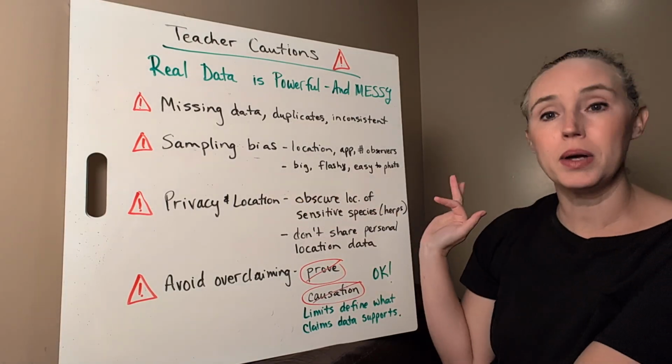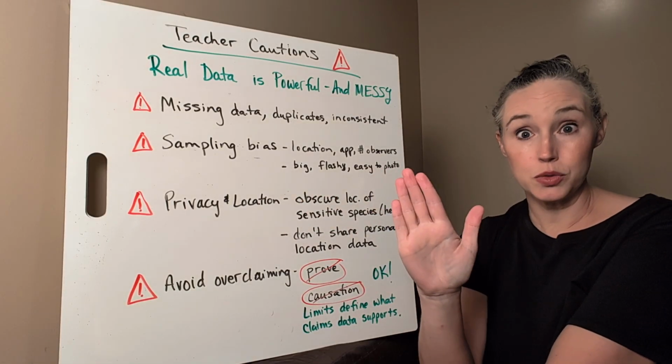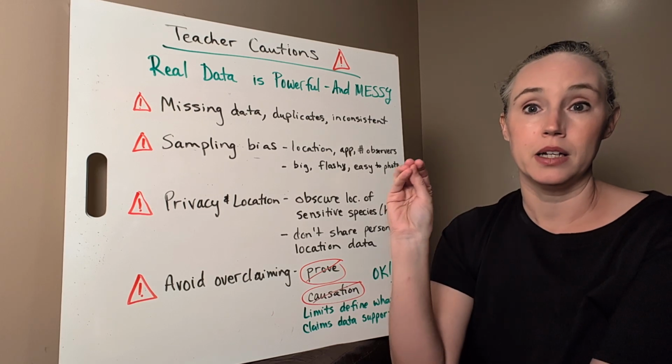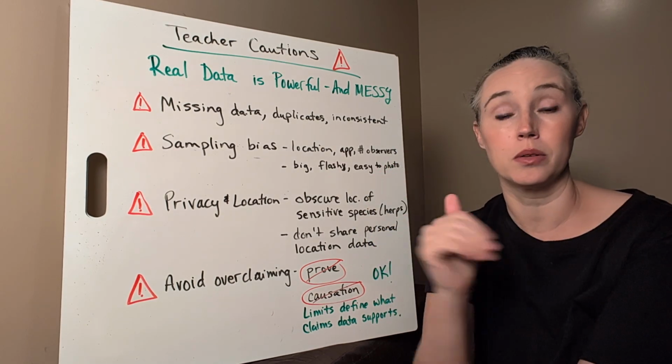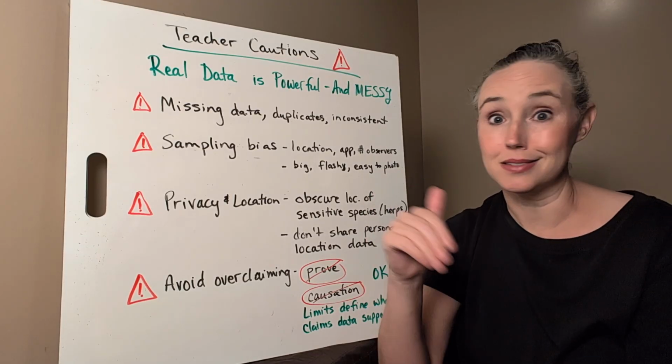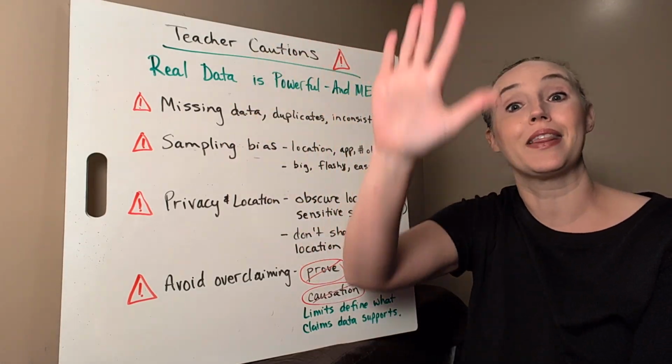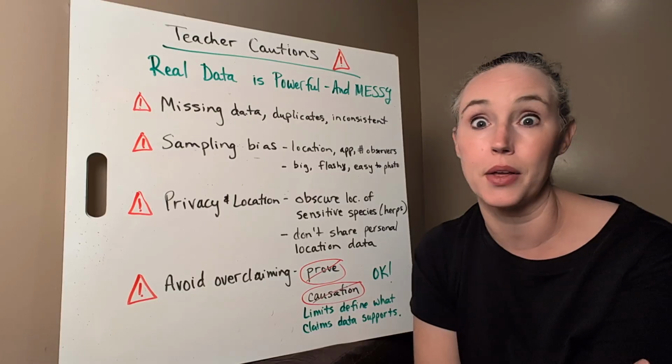So some of the data on those more sensitive species may not be super precise. And so either pick a different organism or, again, state the limitations. It's in this county, but it's not going to tell you exactly where.